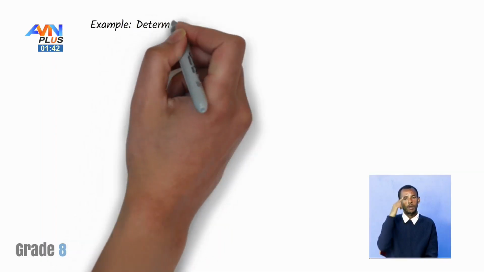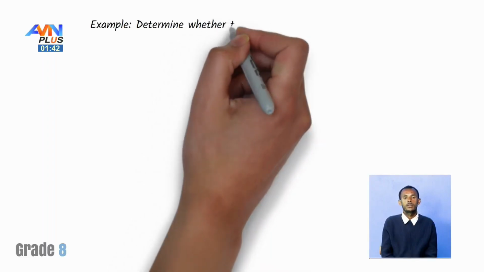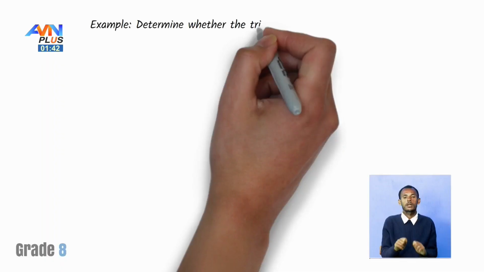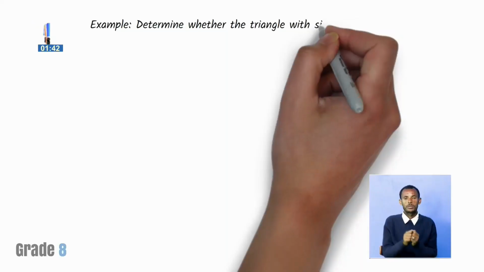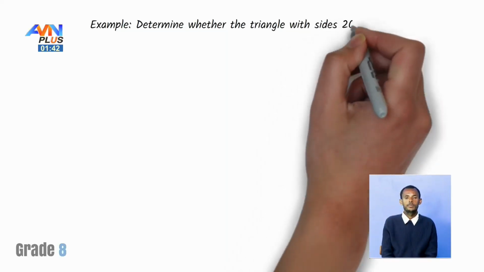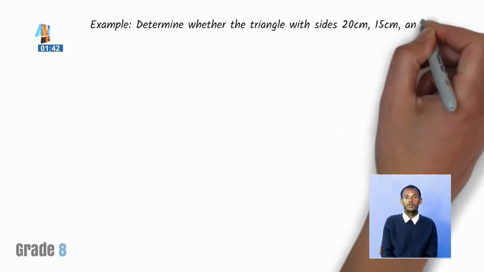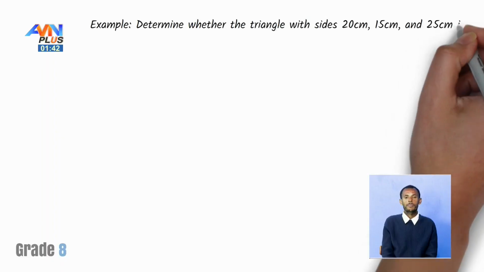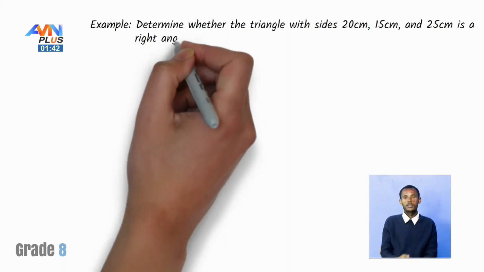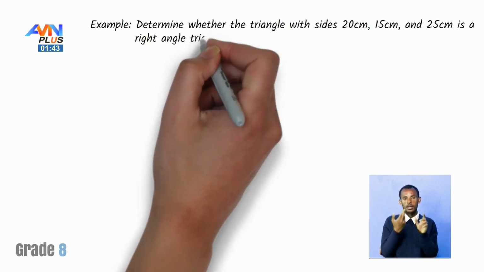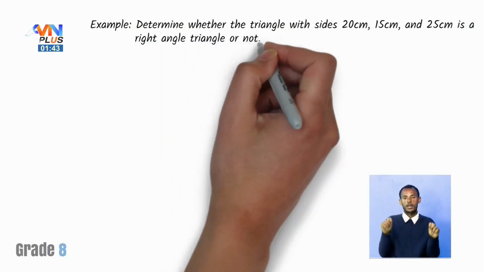Determine whether the triangle with sides 20 centimeter, 15 centimeter, and 25 centimeter is a right angle triangle or not.